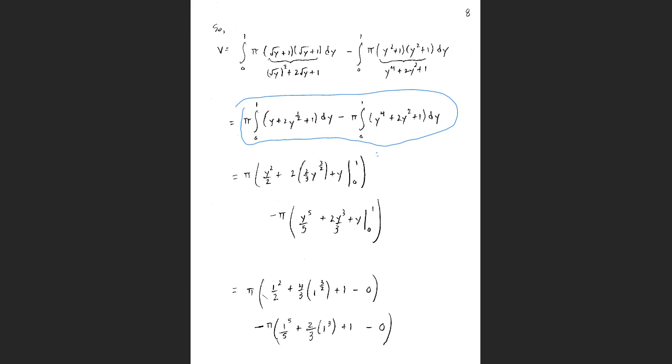You could write that as pi times the integral from 0 to 1 of y plus 2y to the half plus 1 minus y to the fourth minus 2y squared minus 1, dy. You could combine the integrals.